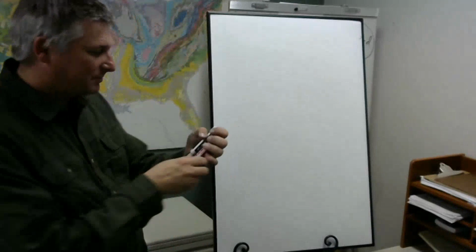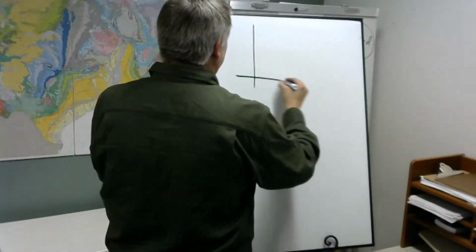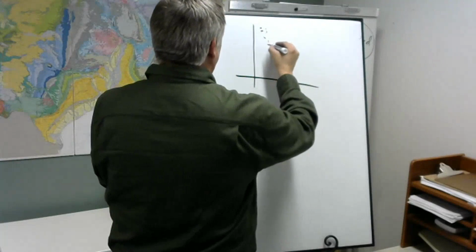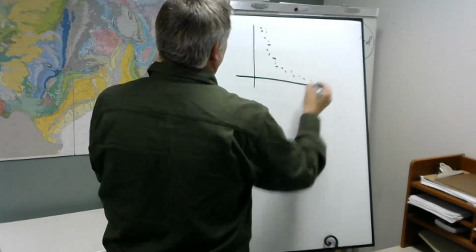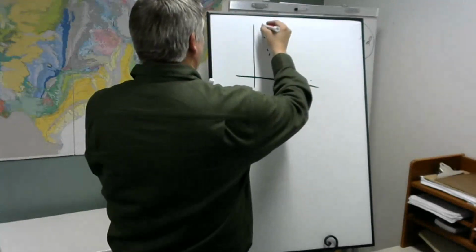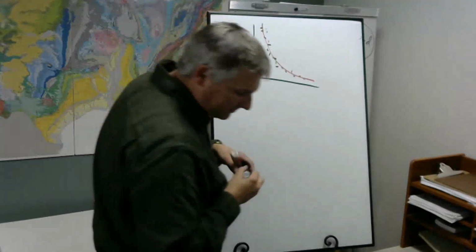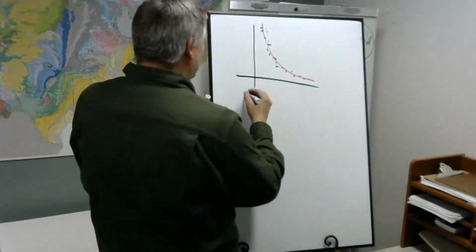In fact, I'll use a different b just so there isn't any mix-up there. So you want to fit a curve like this through here. And the formula for this curve is going to be some kind of logarithm.